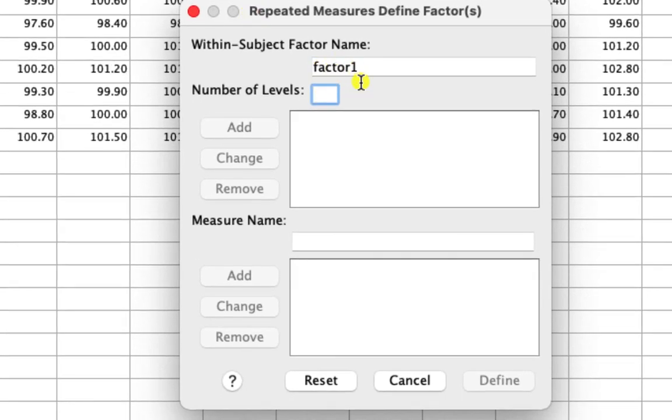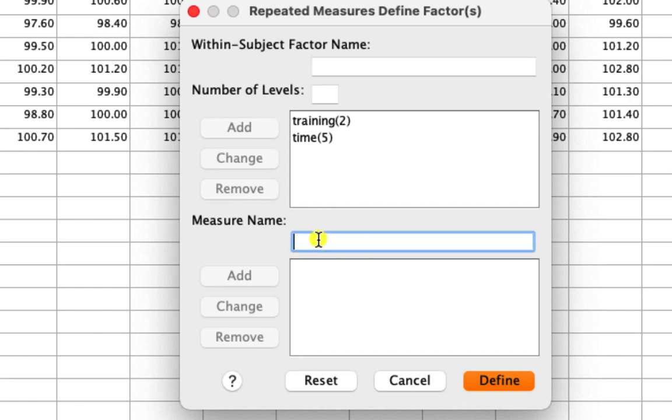We'll have a very similar setup to our one-way repeated measures ANOVA, where we are identifying each of our independent variables. So let's say we put in the type of training first, and that has 2 levels. And then we also had our time points, and we had 5 levels of that, right? 4, 8, 12, 16, and 20.